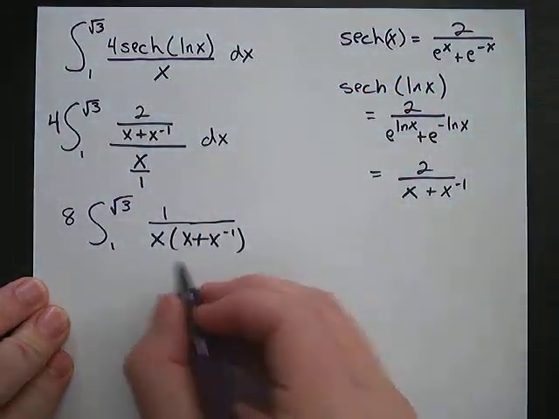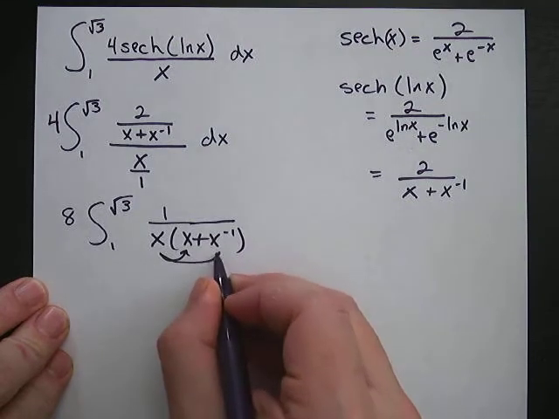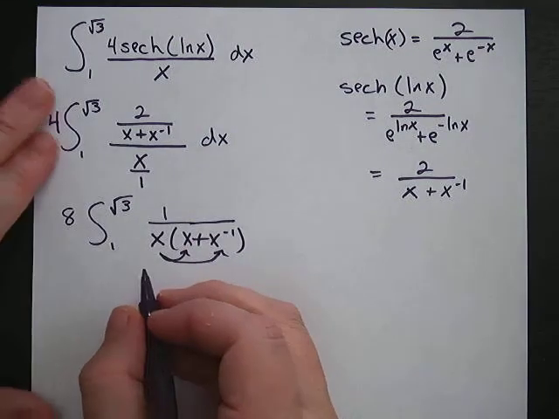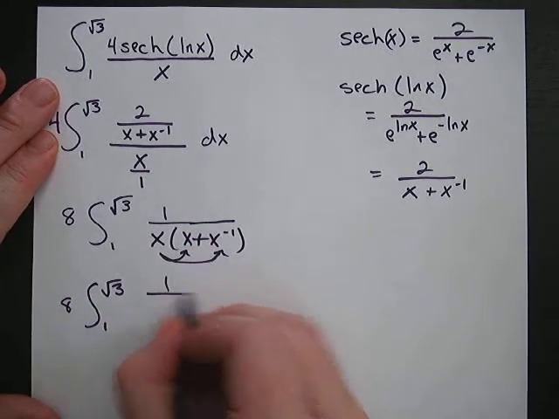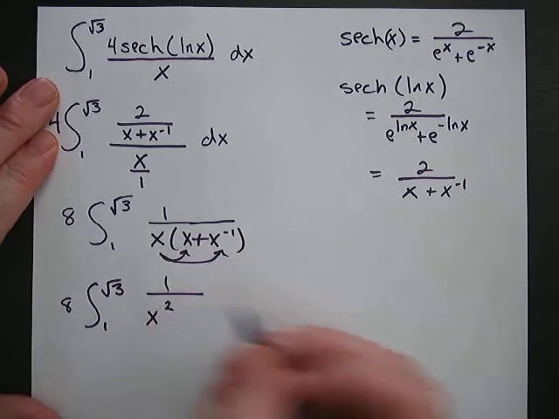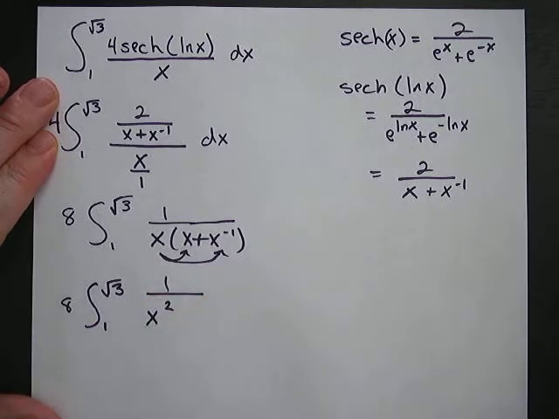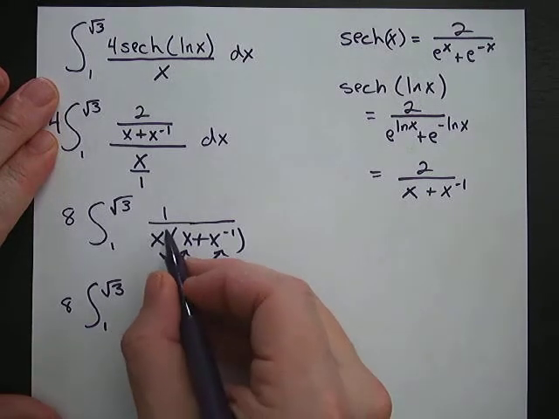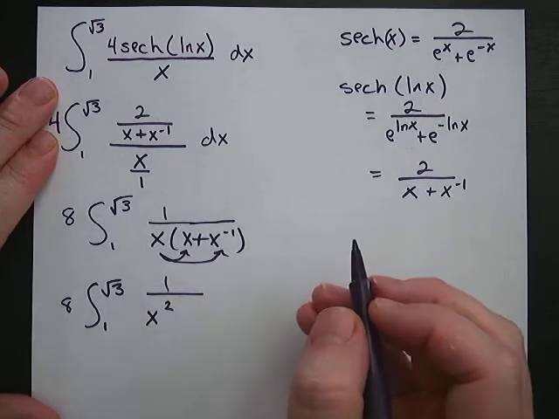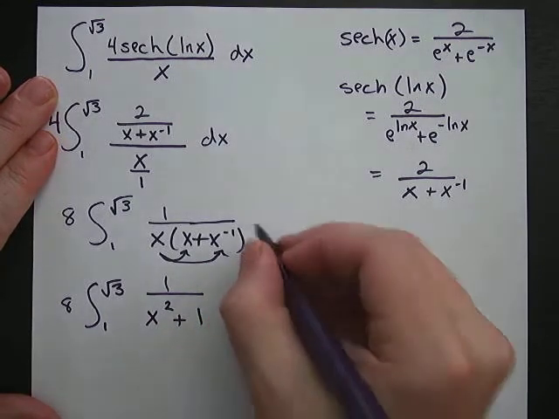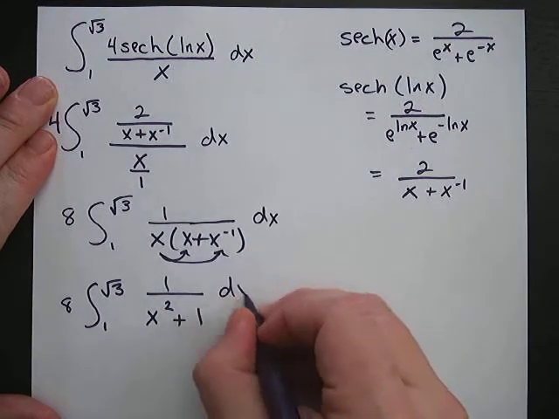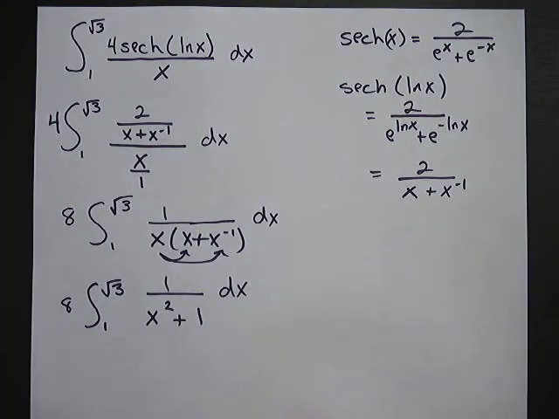If you distribute this, 1 over x times x is x squared, and then x times x to the -1, well, x to the 1 power and x to the -1 power mean x to the 0 power, which is just 1. Let's not forget our dx. So it turns into a 1.